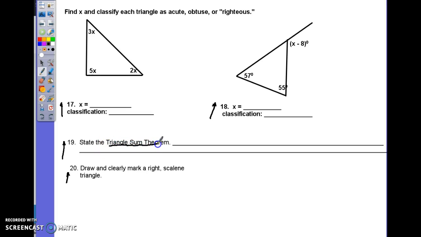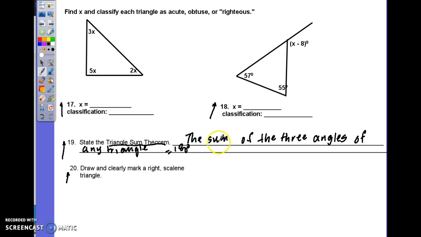So what is that again? It states that the sum of the three angles of any triangle equals 180 degrees.